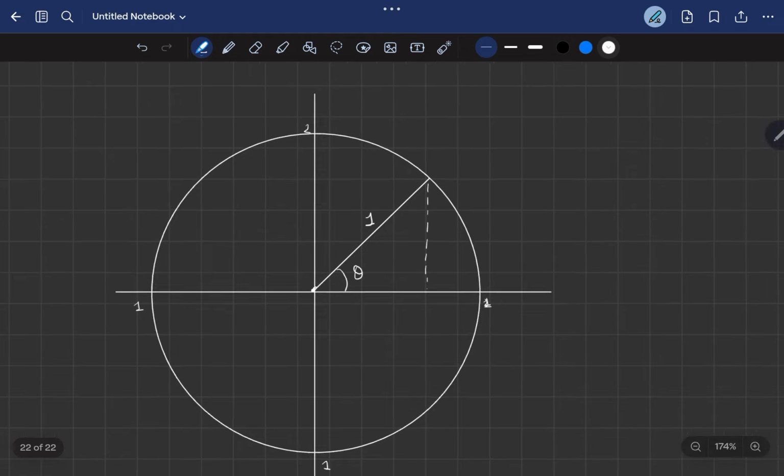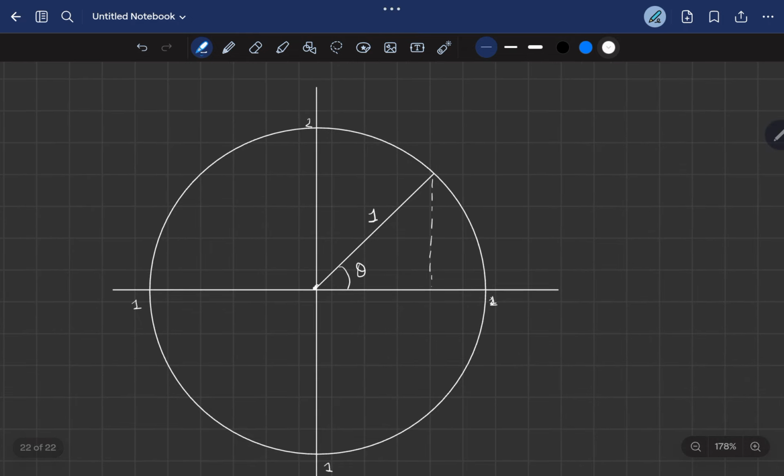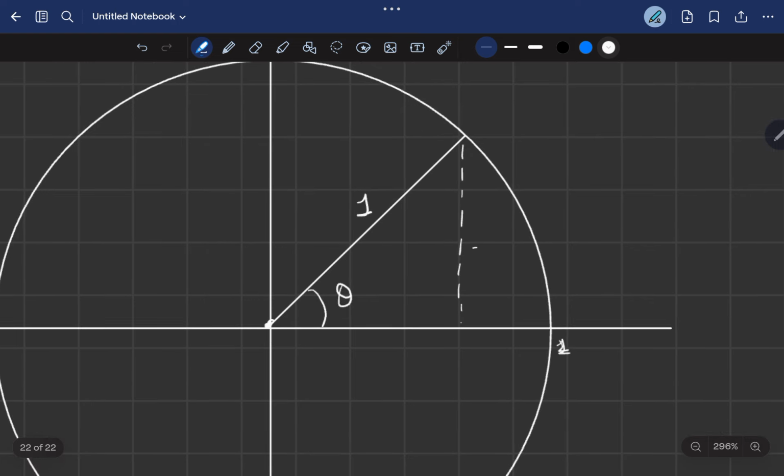Now, if I wanted to find the length along the x and the length along the y, I can solve this by using trigonometry. Okay? Now, always the opposite of the angle, so the height is going to be, let me zoom in a bit more, sine theta.